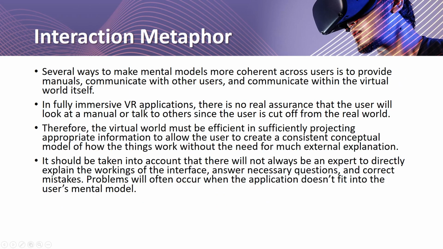And the interaction metaphor: there are several ways to make the mental models more coherent for the user, such as providing a manual, and communicating with the user about the virtual world itself. In a fully immersive VR application, there's no assurance that the user will look at manuals or other things, since the user is cut off from the real world. For example, when I'm making a virtual world here, we can see later by connecting the Oculus Quest.